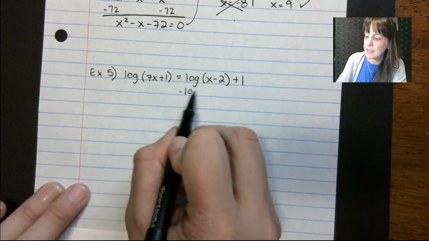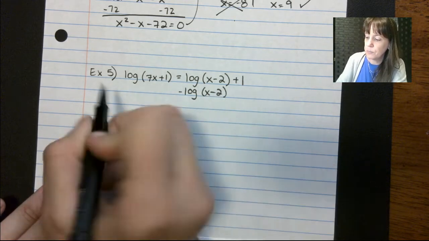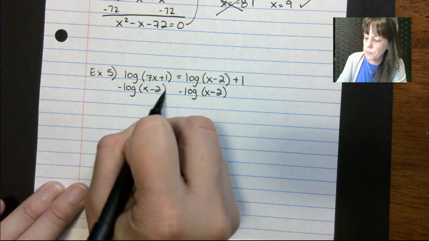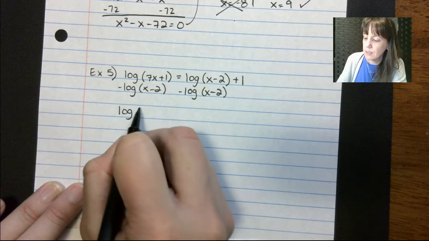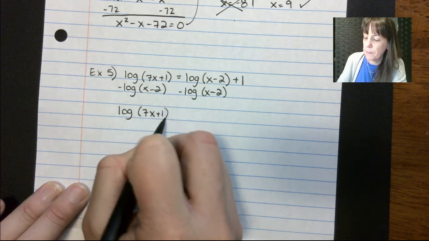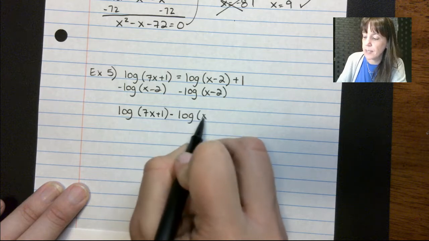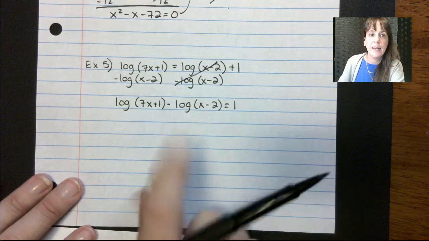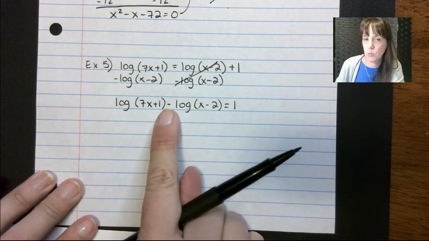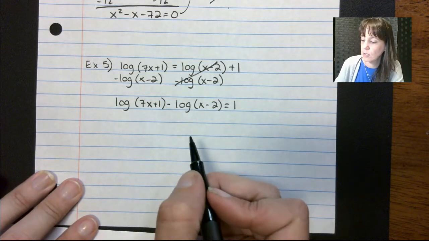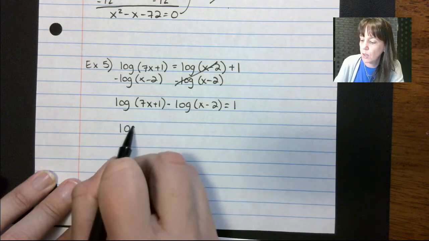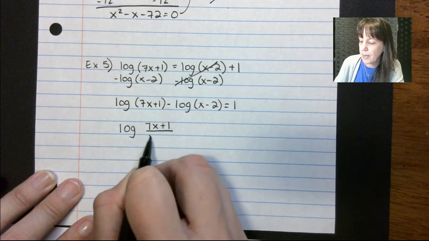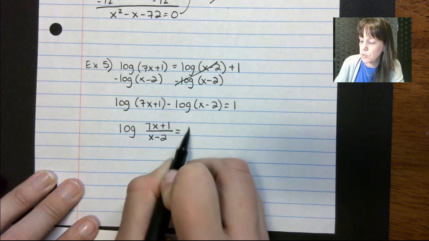We subtract log of x minus 2 from both sides. So we have log of 7x plus 1 minus log of x minus 2 equals 1, since these canceled out. Remember, subtraction means division when we're collapsing our logarithms. So log of (7x plus 1) divided by (x minus 2) equals 1.